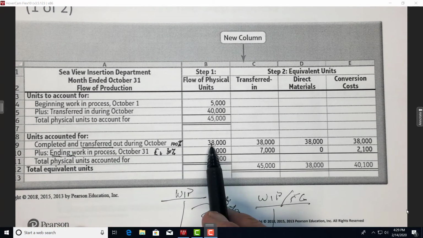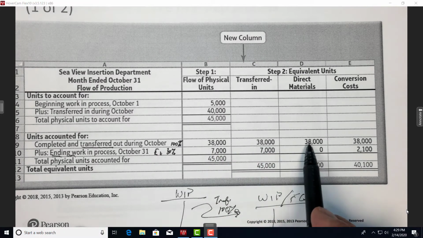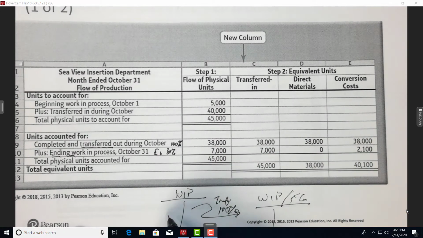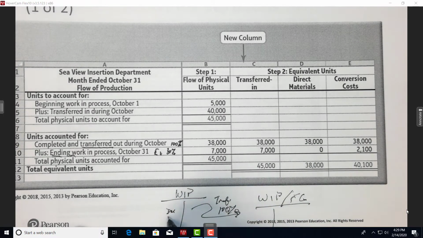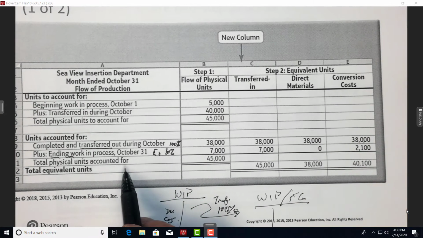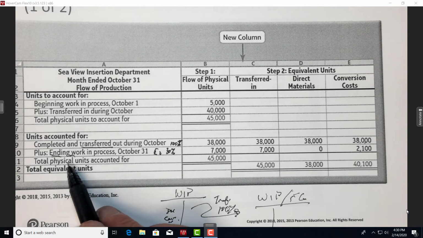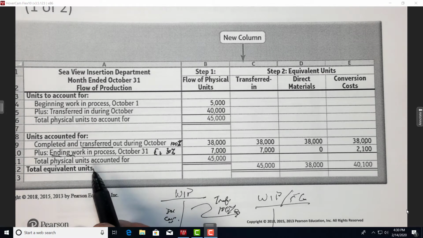What does 100% done mean? It means it's done with all the direct materials that have been added, and it's done with all of the conversion costs.